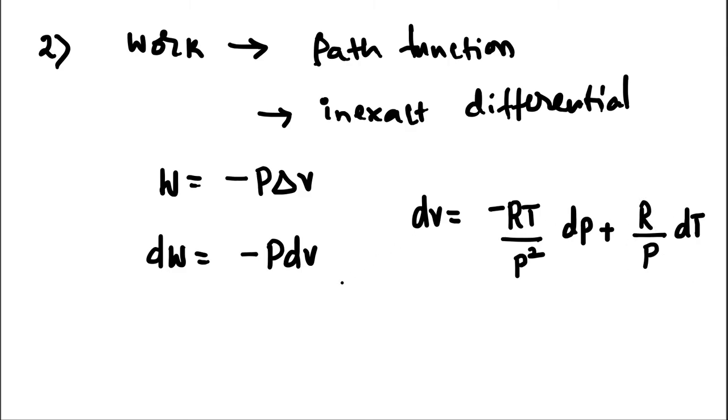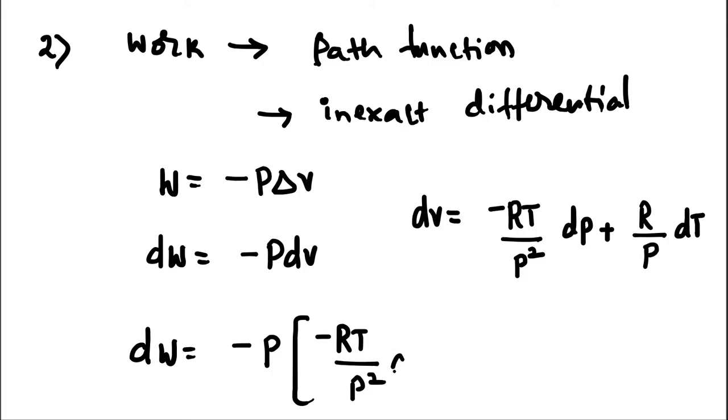So now the same thing we plug here. From this I can get dW equal to negative P times negative RT over P square times dP plus R over P times dT. Now let's distribute this P into the bracket. Negative P times negative is positive, and we have a P in the numerator and P square in the denominator.